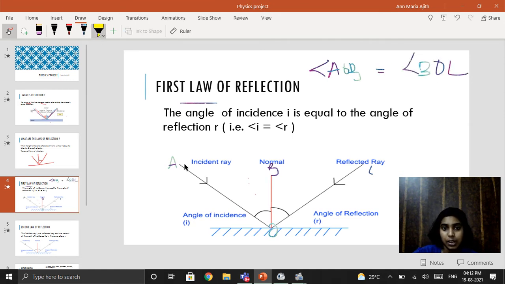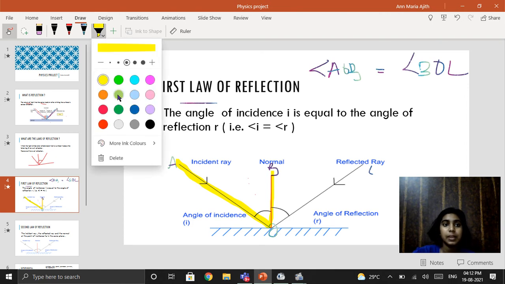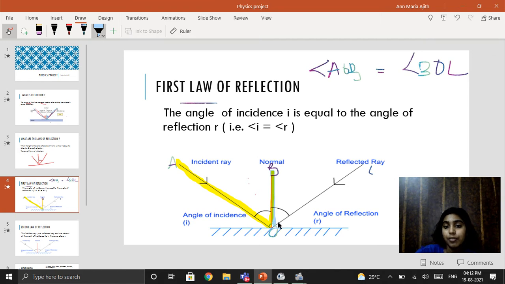This angle is AOB, that's the angle of incidence. And then I'm taking another angle. This is my angle of reflection, BOC. So the angle of incidence I is equal to the angle of reflection R.